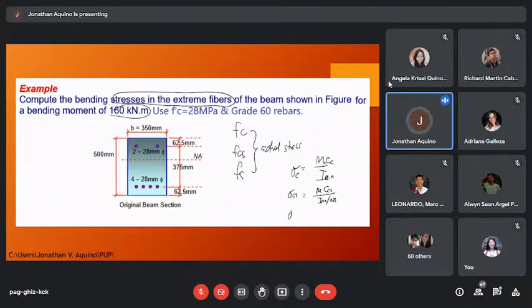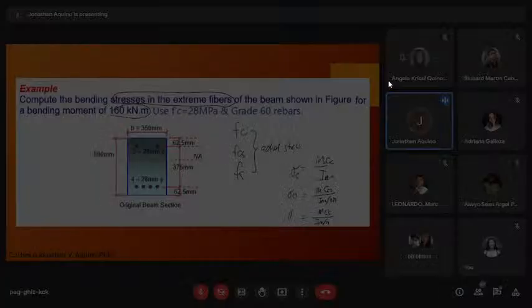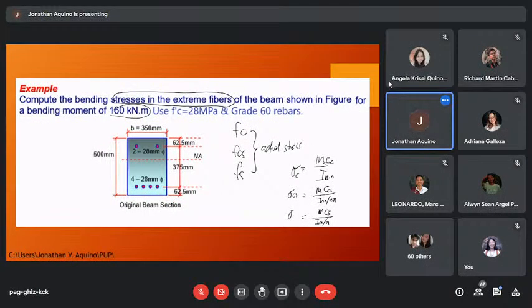Pag steel, compression steel at tension steel, stress ng steel is equal to M times C ng steel divided by INA divided by N. So try to solve, okay, so as your exercises para ma-practice kayo.